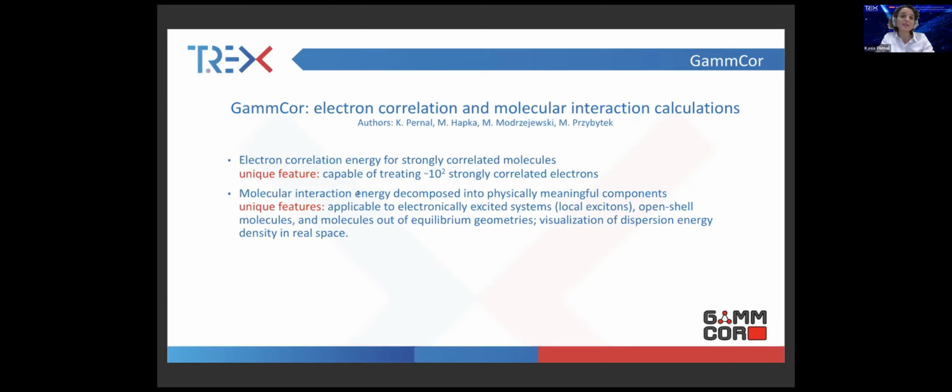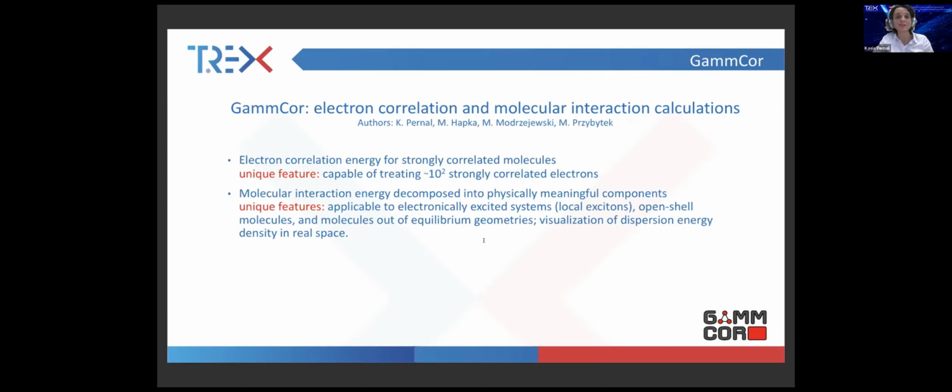It is applicable to systems which are weakly interacting, and they may be in excited states with local excitons, or they may be open shell molecules, or molecules out of equilibrium geometries, meaning molecules with stretched covalent bonds. These systems are challenging for other methods which are not multi-configurational, but the SAPT available in GAMCore can easily treat such systems.